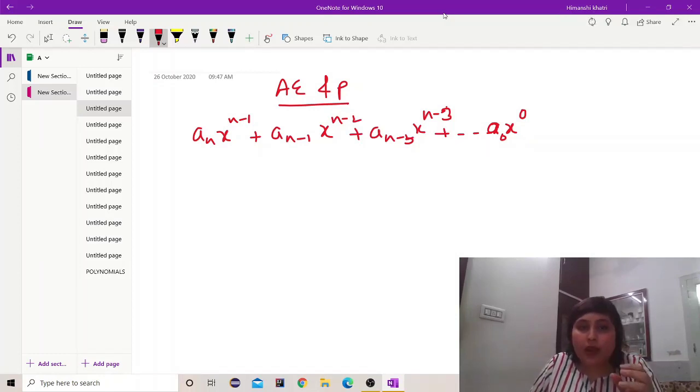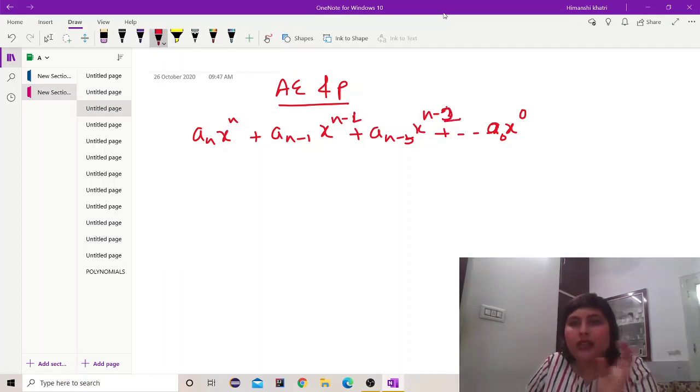a_n x to the power n, this is the power of x, and I'm writing this is n, and this becomes n minus 1, this becomes n minus 2, and so on, the power gets decreased.